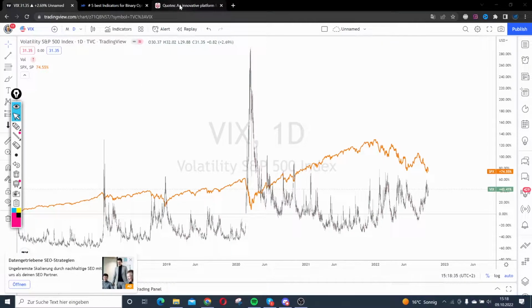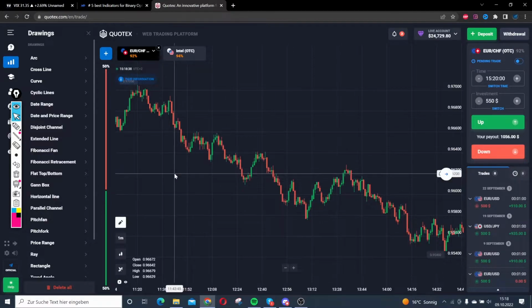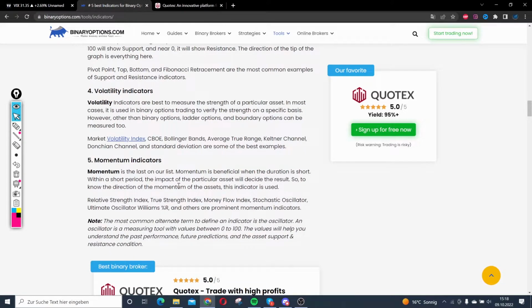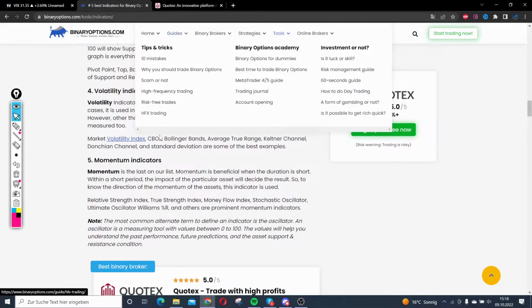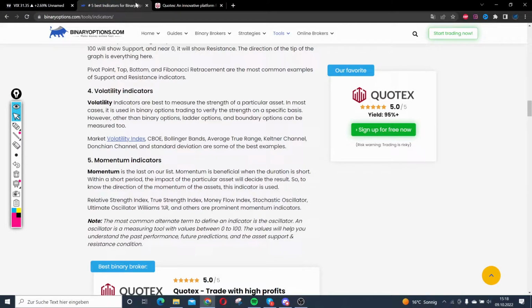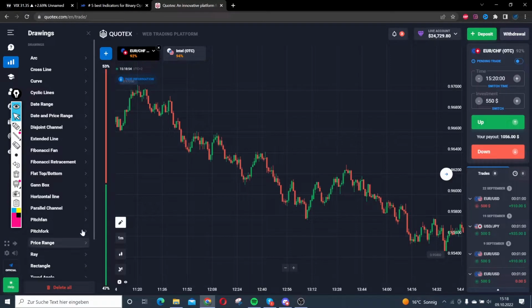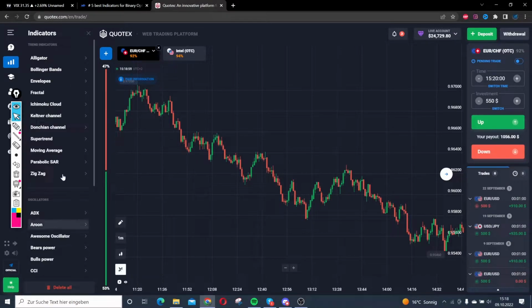For the chart, it would be Bollinger Bands, and you can measure it there. I will show you this in the best 5. Then we have momentum indicators. The momentum just shows you how fast the market is moving, and we can use different indicators for this. For example, the relative strength indicator.